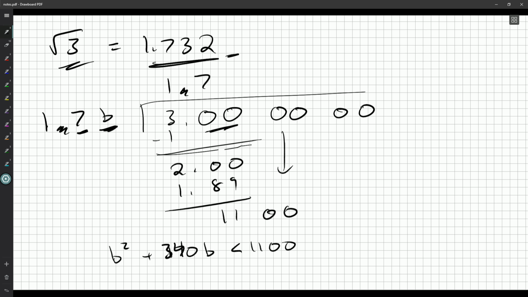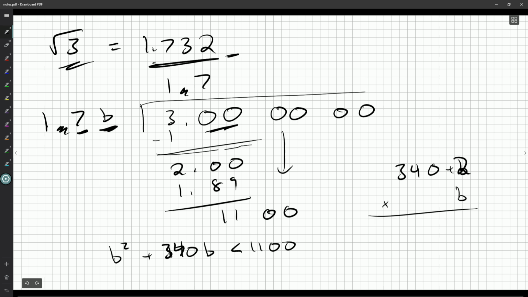That should be it. Another way to write that is 340 plus whatever b I choose times b needs to be less than 111.